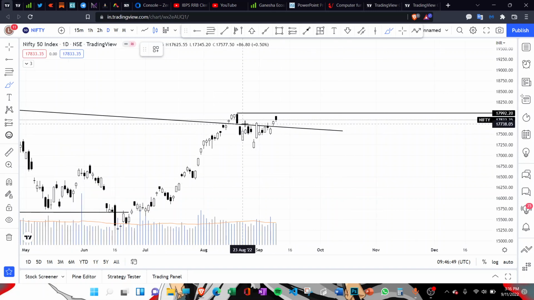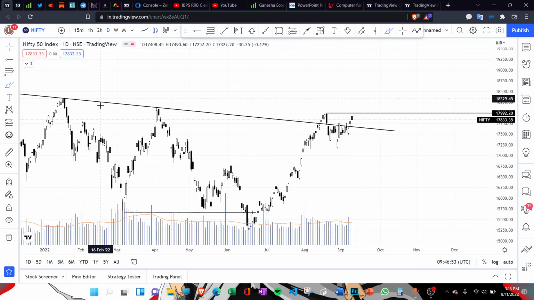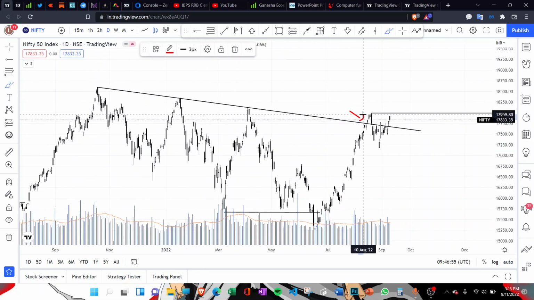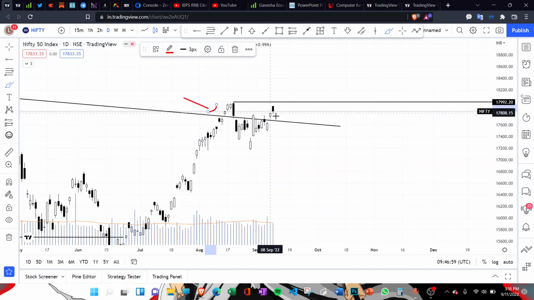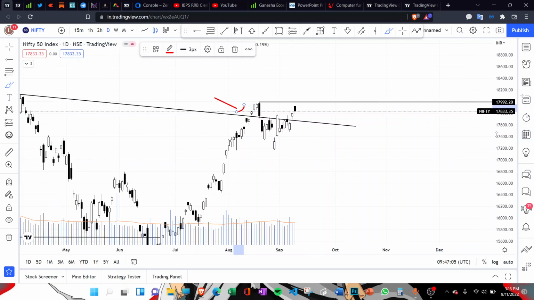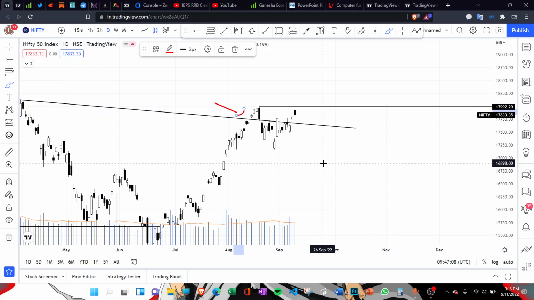During the downfall in the American market, we just consolidated here, and now we have broken this trend line. As you can see, this downward sloping trend line was broken, and currently we are facing resistance at 17,992, which will most likely be taken out really soon.